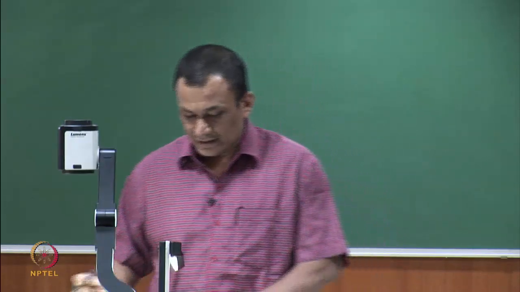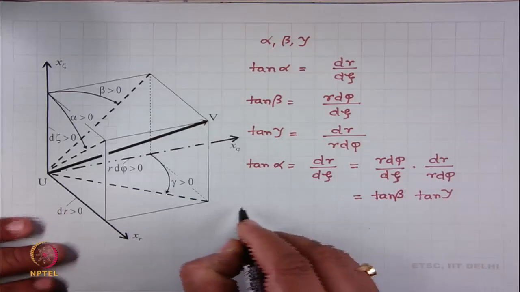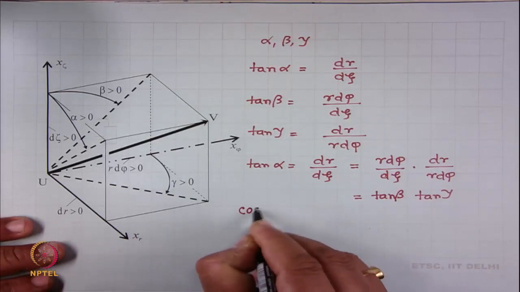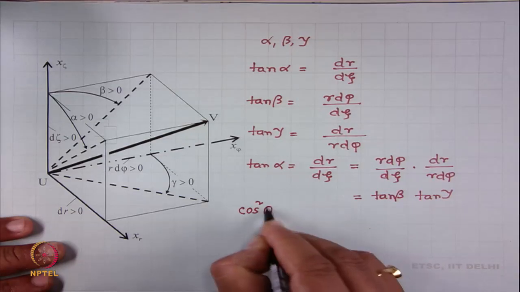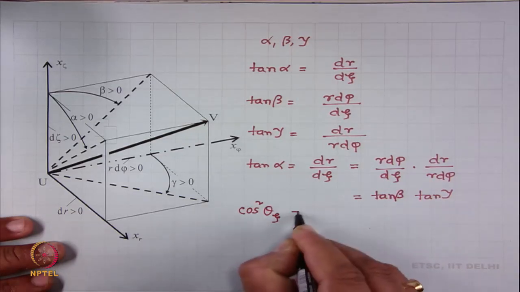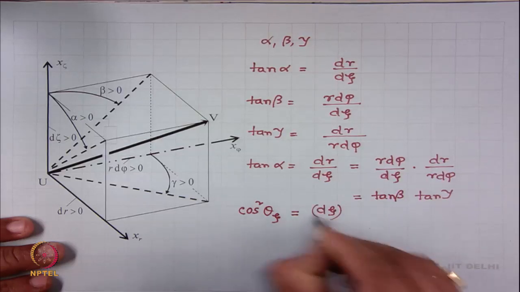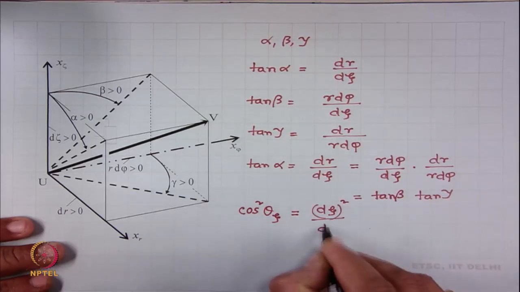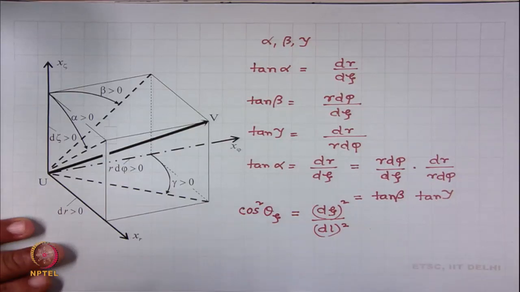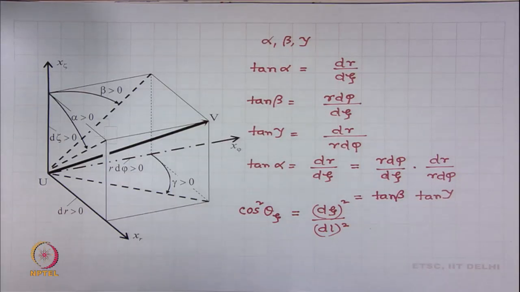In the earlier slide, what we observed is cos square theta zeta is equal to d zeta square by dl square.